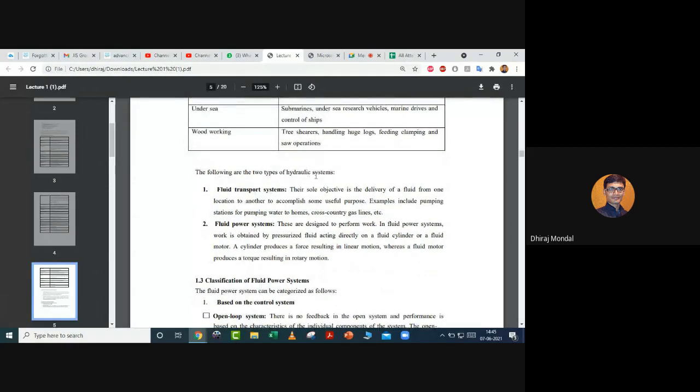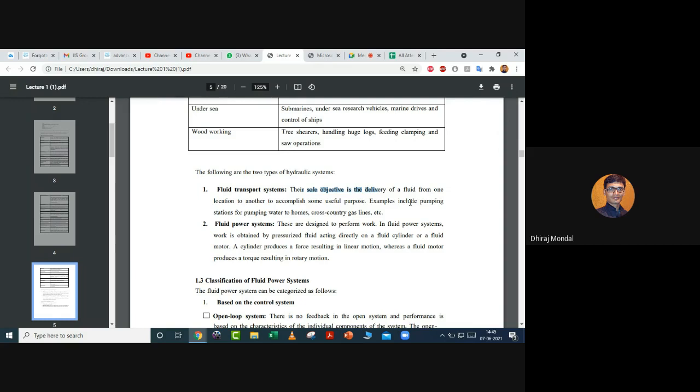Now two types of hydraulic systems are there: fluid transport systems and fluid power systems. Already I have discussed a little bit. Now the very minor distinction here. What is this actually? In a fluid transport system, the sole objective is the delivery of fluid from one location to another to accomplish some useful purpose. That means I am just delivering fluid from one location to another.